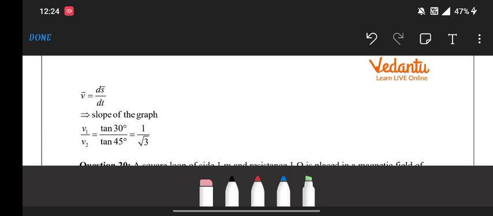What is the value of tan 30? It will be 1 by root 3, and tan 45 degree will be 1. So therefore 1 by root 3, or 1 is to root 3, is the answer we get.